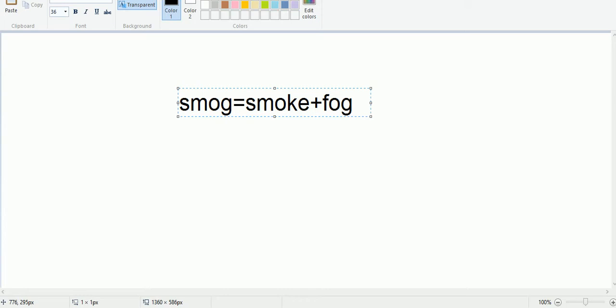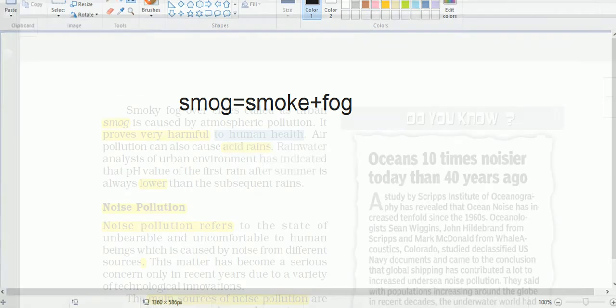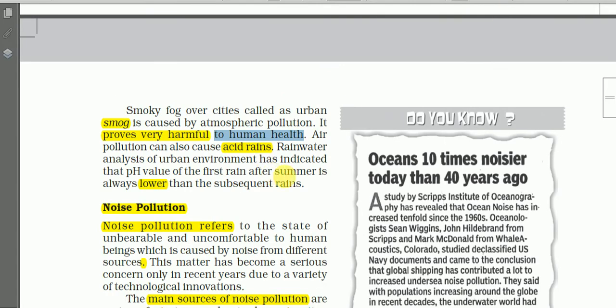It is a mixture of industrial smoke and fog, a community-wide polluted air, and the word is derived by combining smoke and fog. This is very harmful to human health.